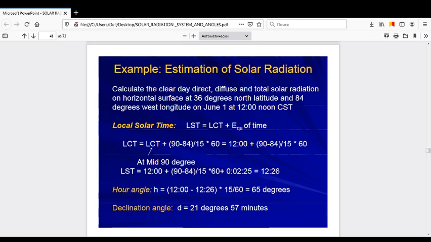While we calculate, LST is to be calculated by putting all the values into the formulas. So the hour angle, declination angle, all these terms are to be calculated for estimation of the solar radiation. First of all, we have to remember the formulas of LCT, hour angle and declination angle, and we can calculate the solar radiation at a particular latitude, longitude, time or day.